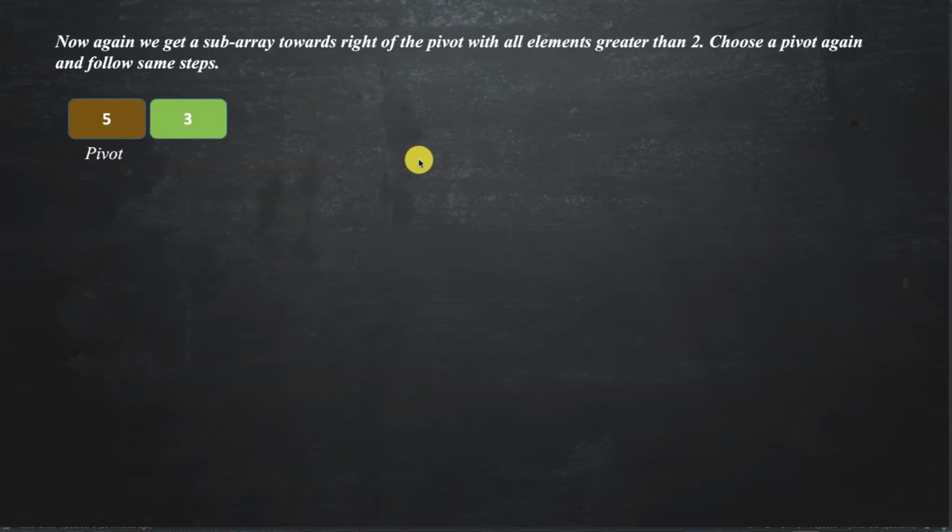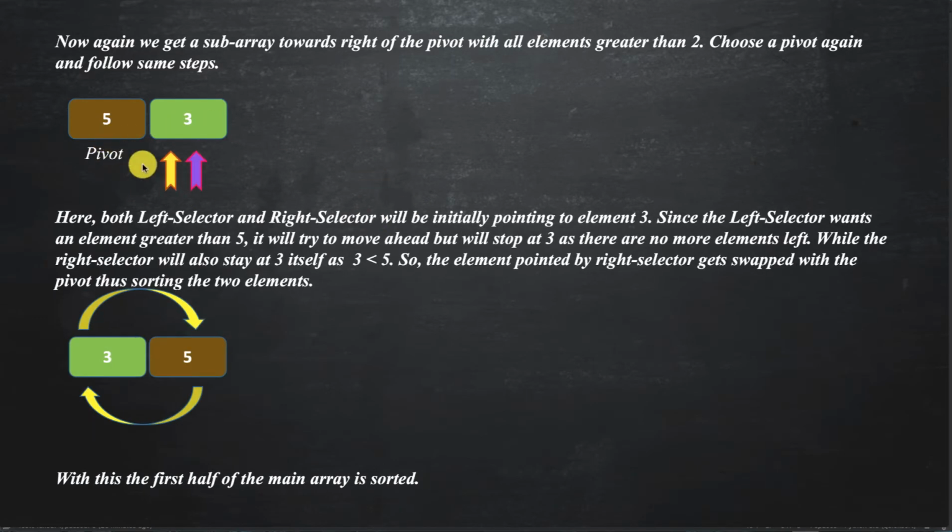So now we have another sub-array of size 2. We will again use the left and right selector. In this case, the left selector needs to find an element greater than the pivot, but there are no more elements on the right side, so it will just stay there.